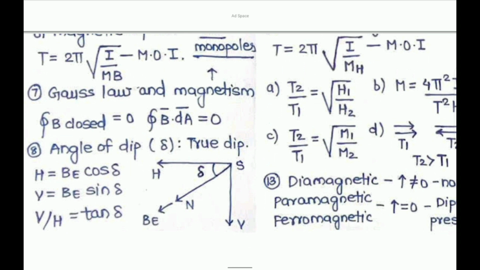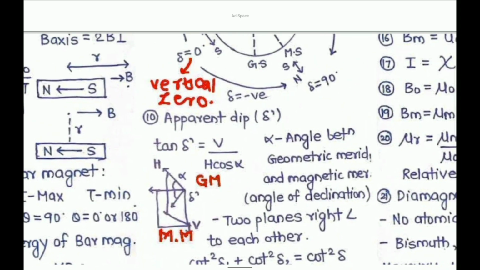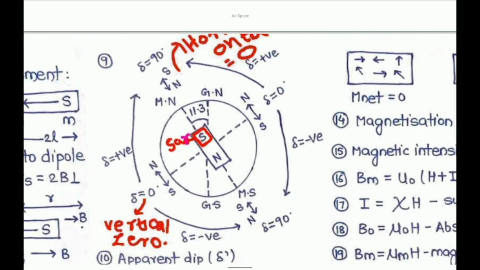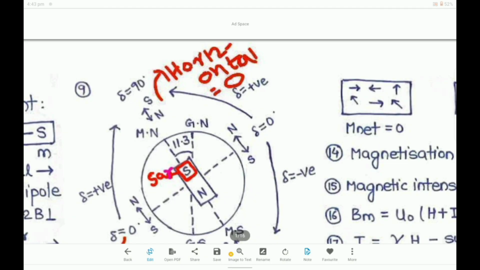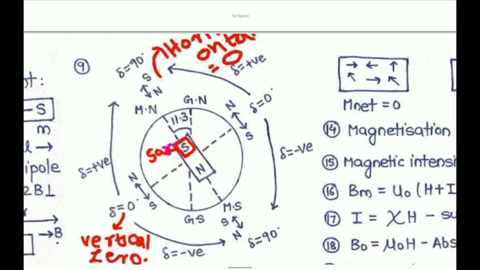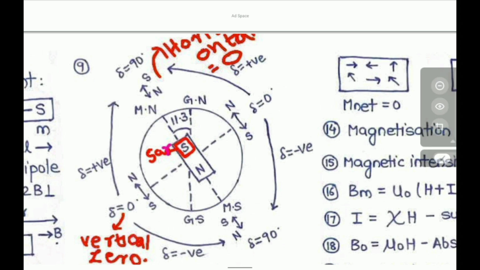Now next, very important, that is the diagram of the earth. Remember, for example, this is your earth. This is your geometric north. This is magnetic north.